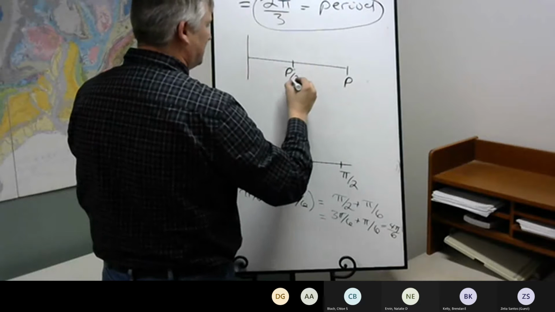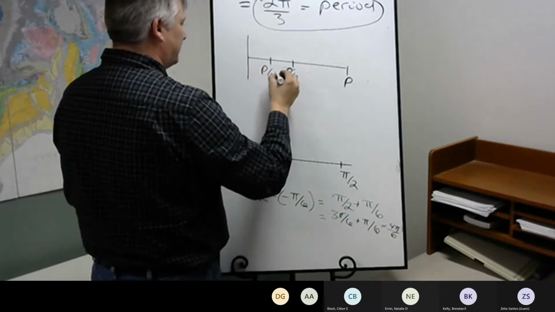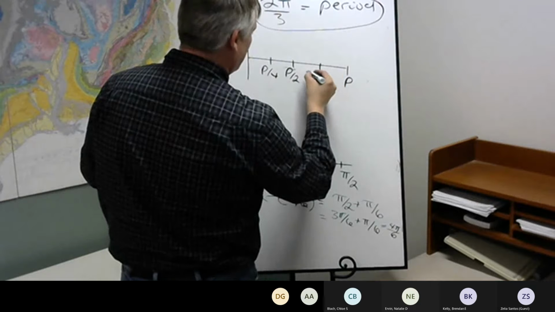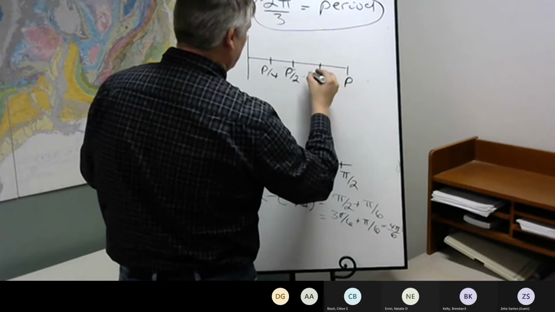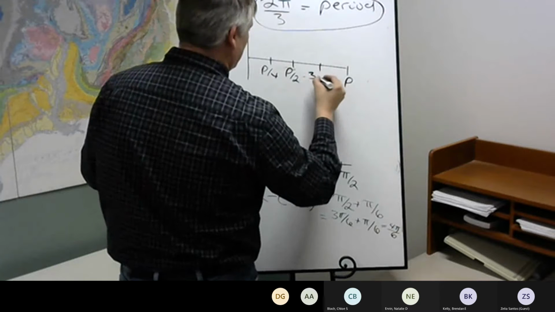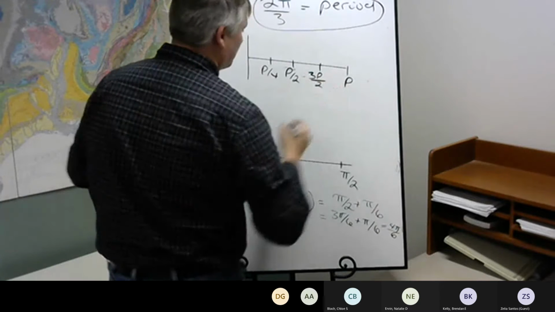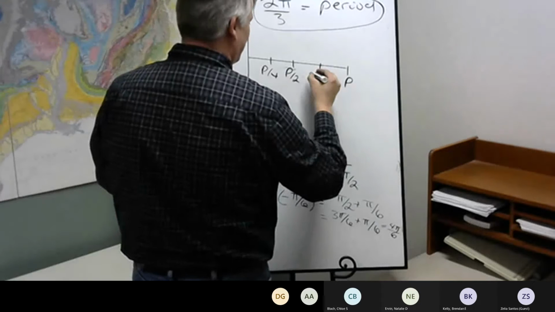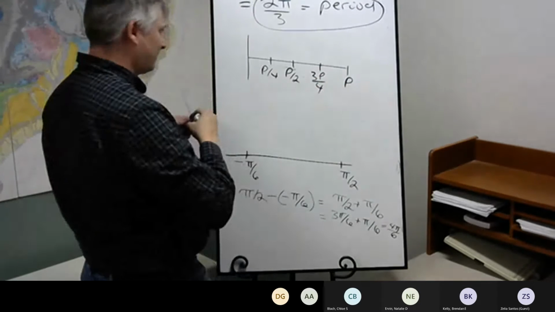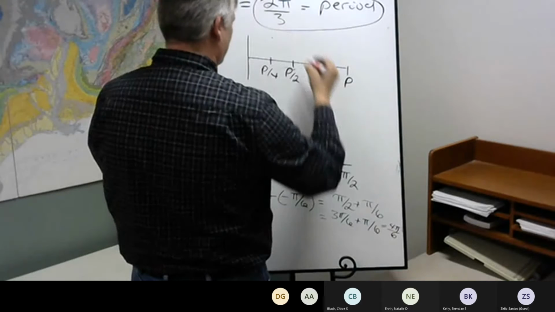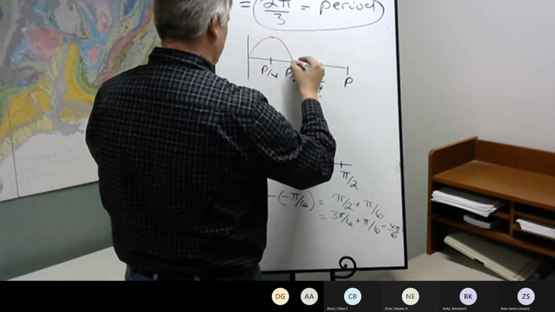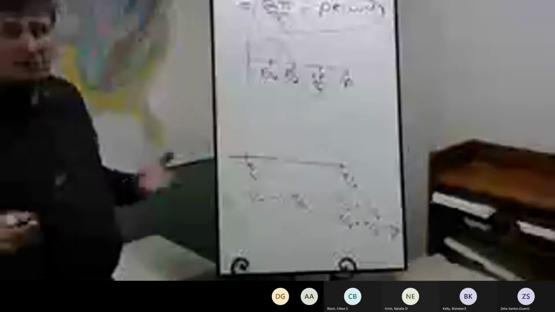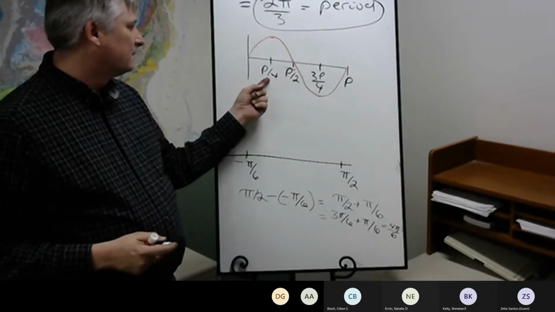This is the period divided by 2, period divided by 4, and the period at 3/4 the period. So what we know is this.